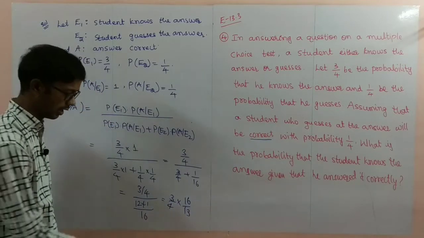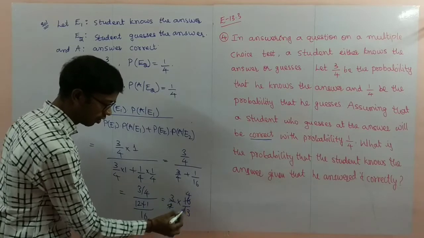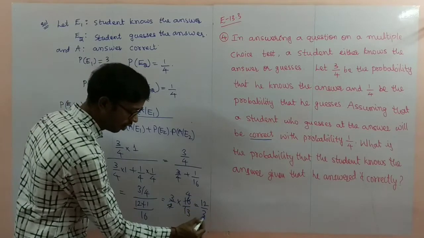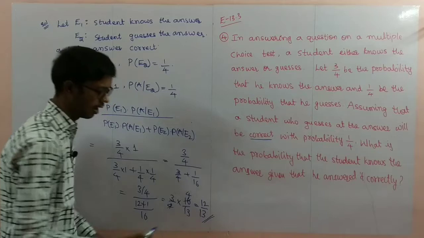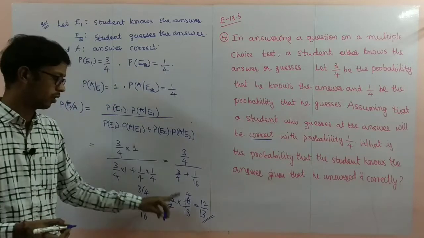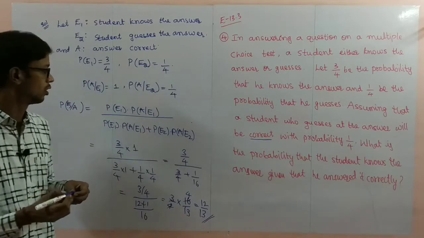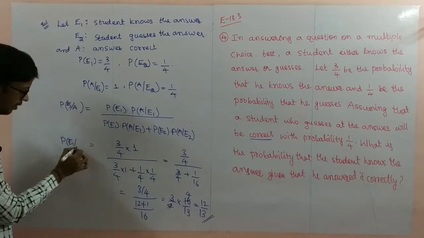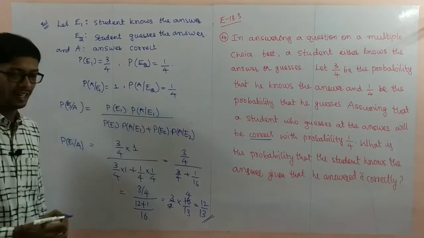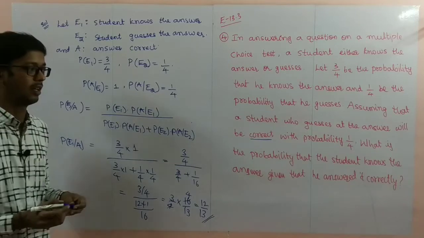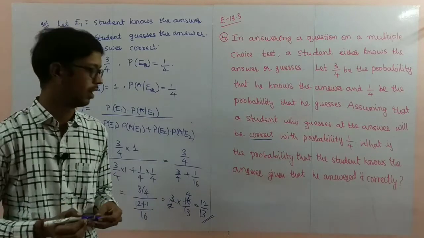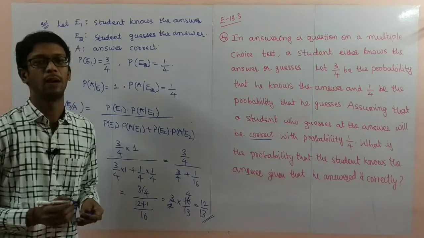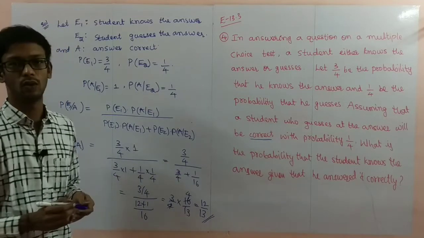The 4 cancels, 4 times 3 is 12. The answer is 12 by 13. So the probability that the student knows the answer, given that he answered correctly, is 12 by 13. Pause the video to note it down.